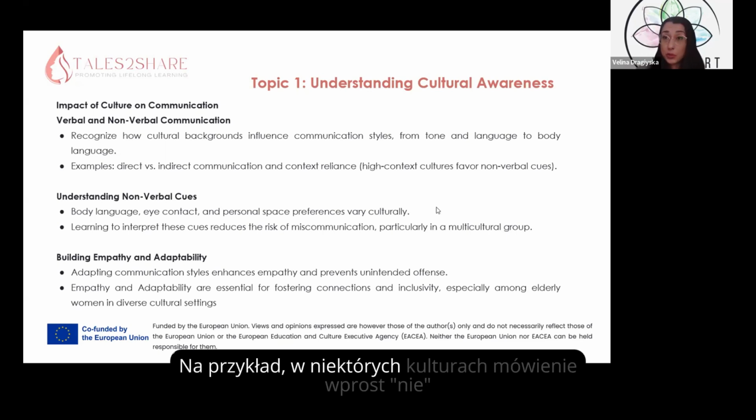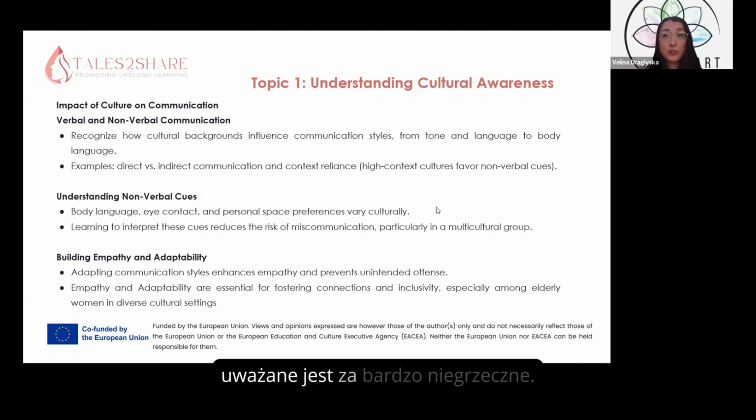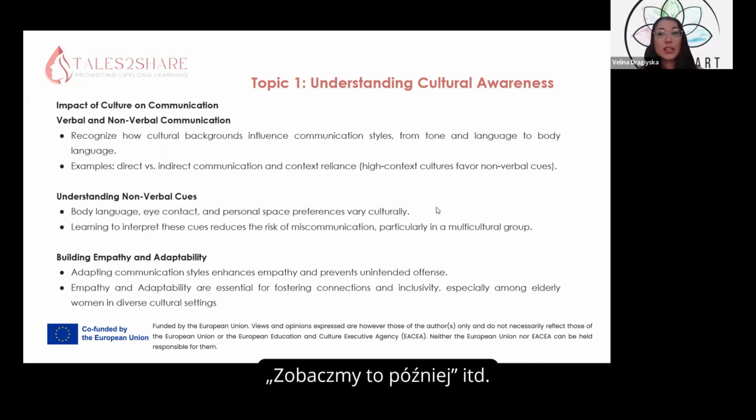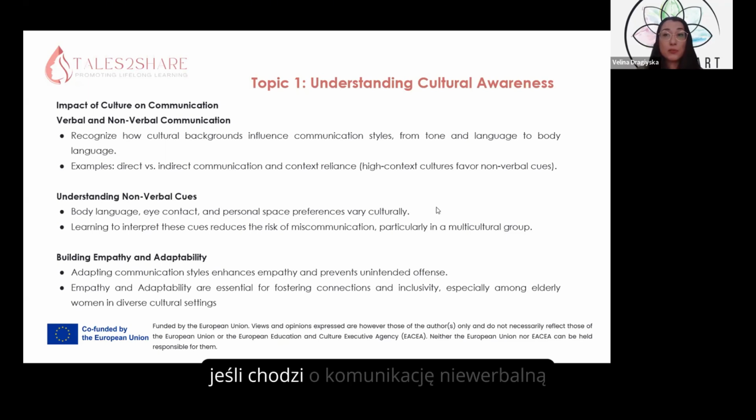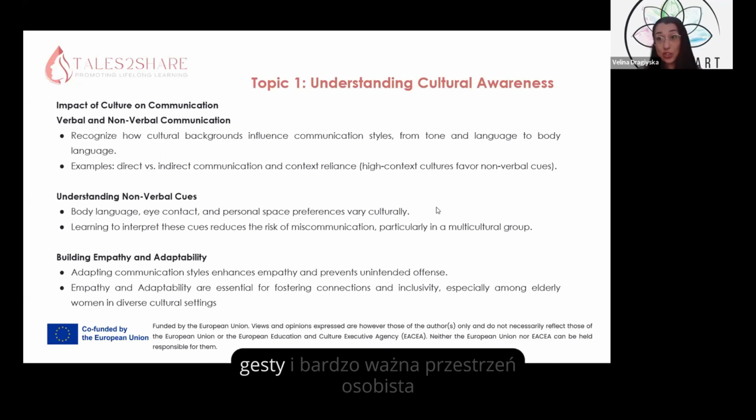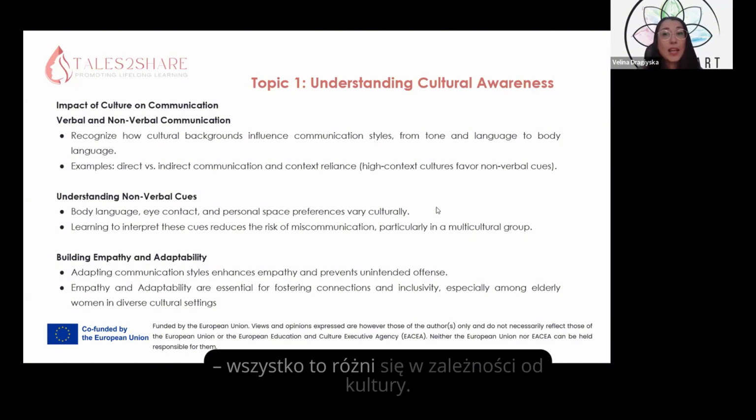For example, in some cultures, saying "no" directly is considered very impolite. So they use alternative phrases like "I'll think about that," or "let's check on that," or "let's see it later," and so on. When it comes to non-verbal communication, body language, eye contact, gestures, and, very important, personal space, they all differ across cultures.